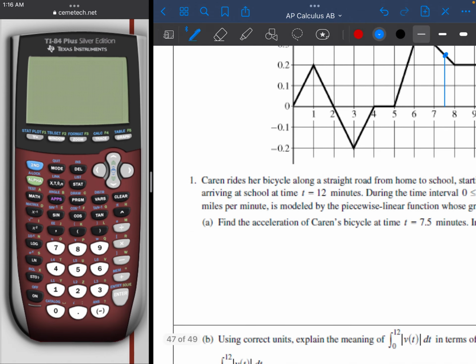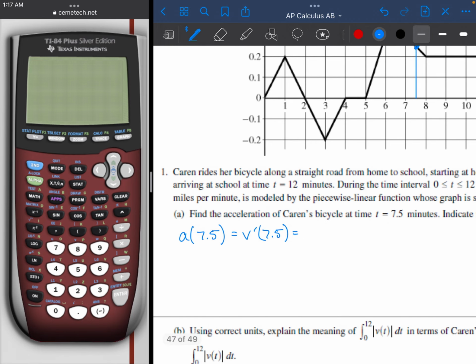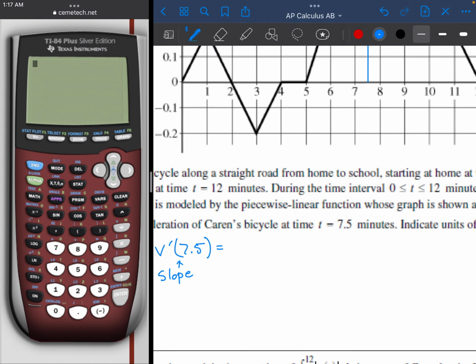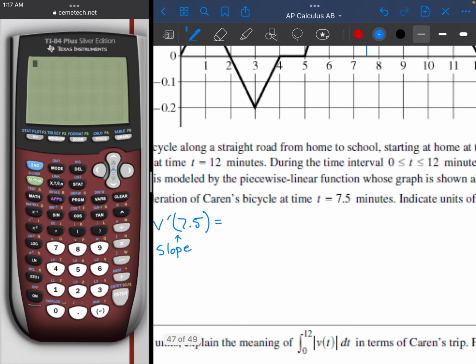So we're after acceleration at 7.5, a of 7.5. That's going to be equal to v prime of 7.5, and that's going to be equal to slope. So I'll make a note here. This is slope at 7.5, and for us I'll give the general definition. I always like giving those as often as possible.